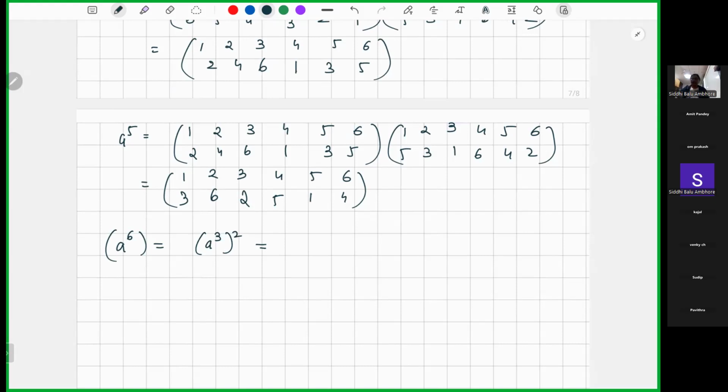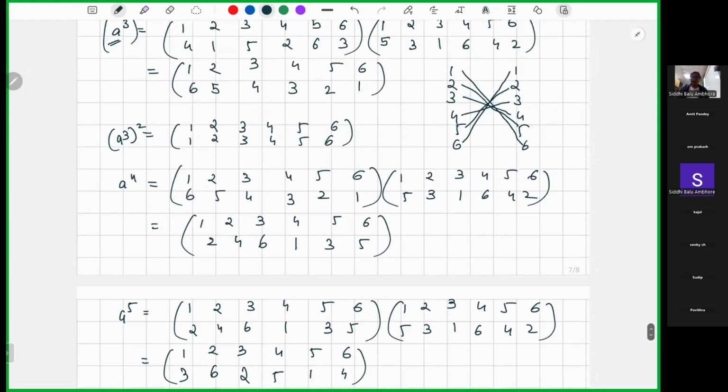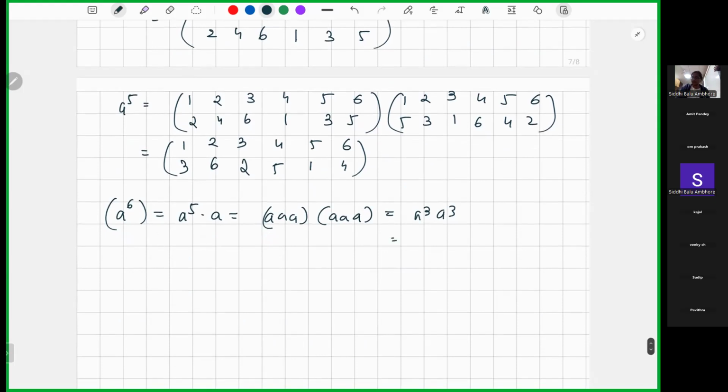So when I am writing this, a power 6 will be a power 5 into a, but I can do this because of associativity: a cube into a cube, which we saw is equal to identity. You can check this.